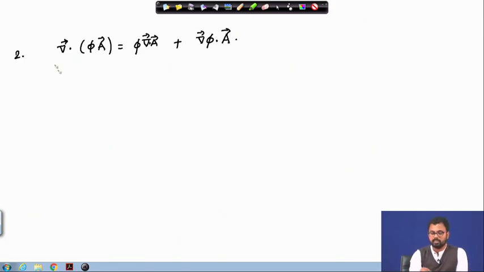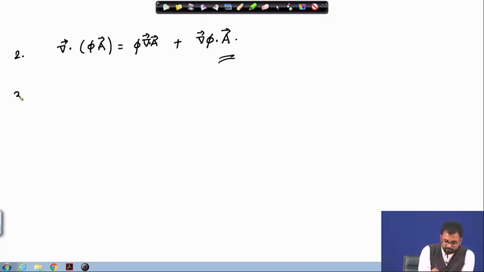So, this is basically divergence of phi times vector A, and proving this result would also not be difficult. So, we multiply every component of A with phi, and then we just follow the product rule of two scalar functions, and then you equate the terms. So, you keep the terms for phi at one place and terms for A at one place, you take something common, and that will give you the required result.